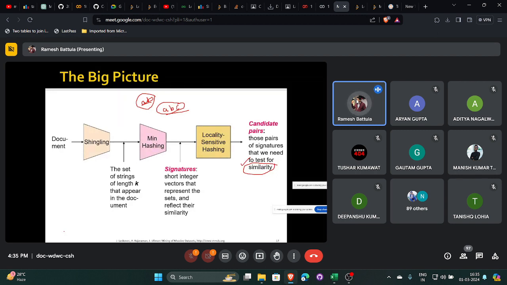My question is, what is the right representation of the document when we check for similarity? You are checking for the similarity, but what is the representation? What is the right representation you have to choose to check the similarity?